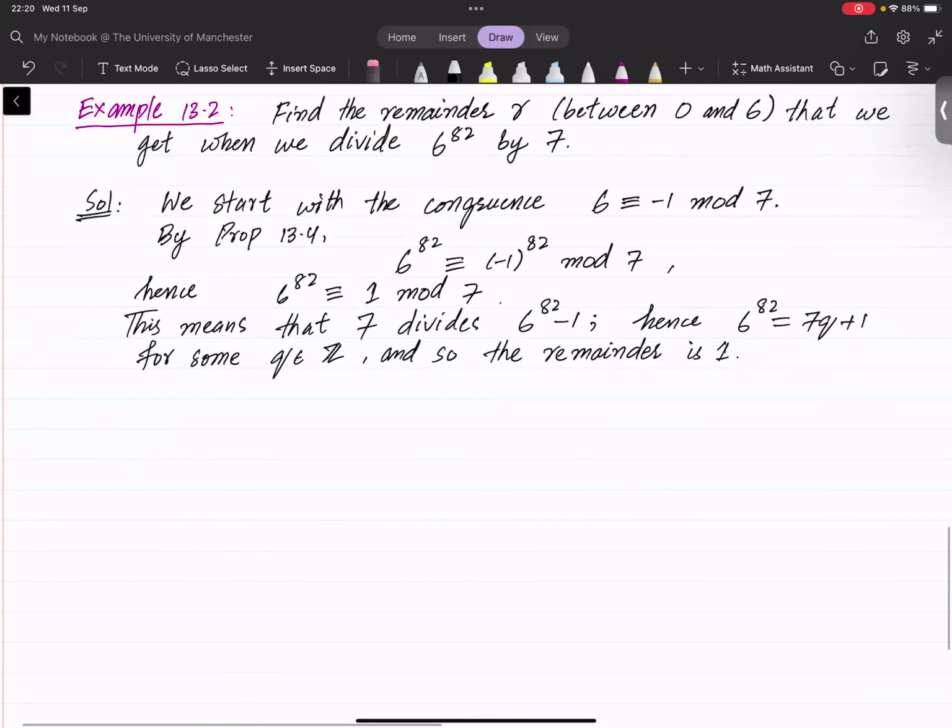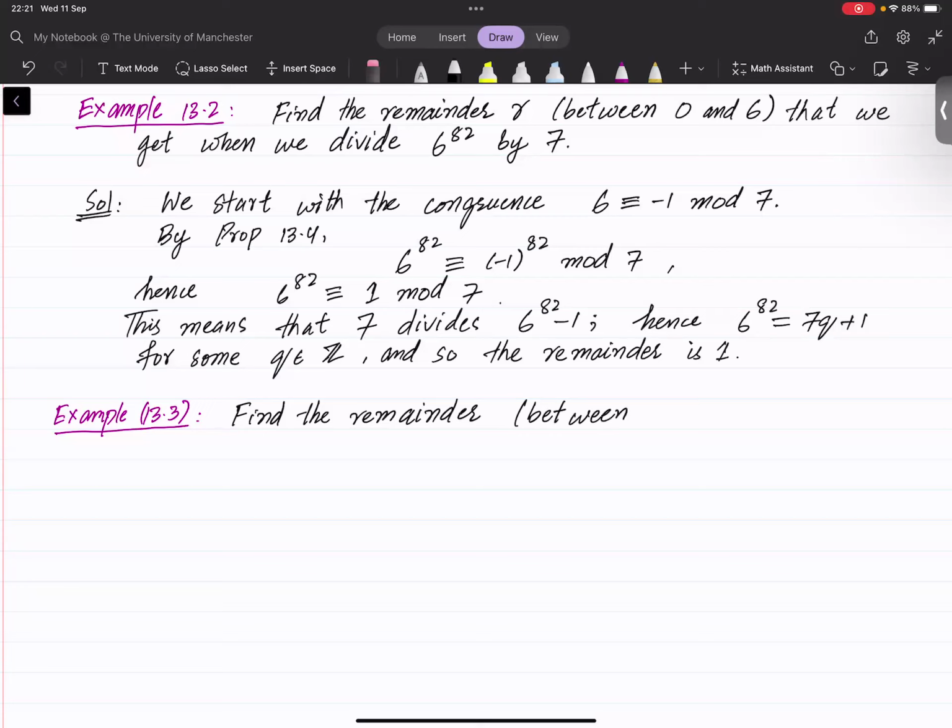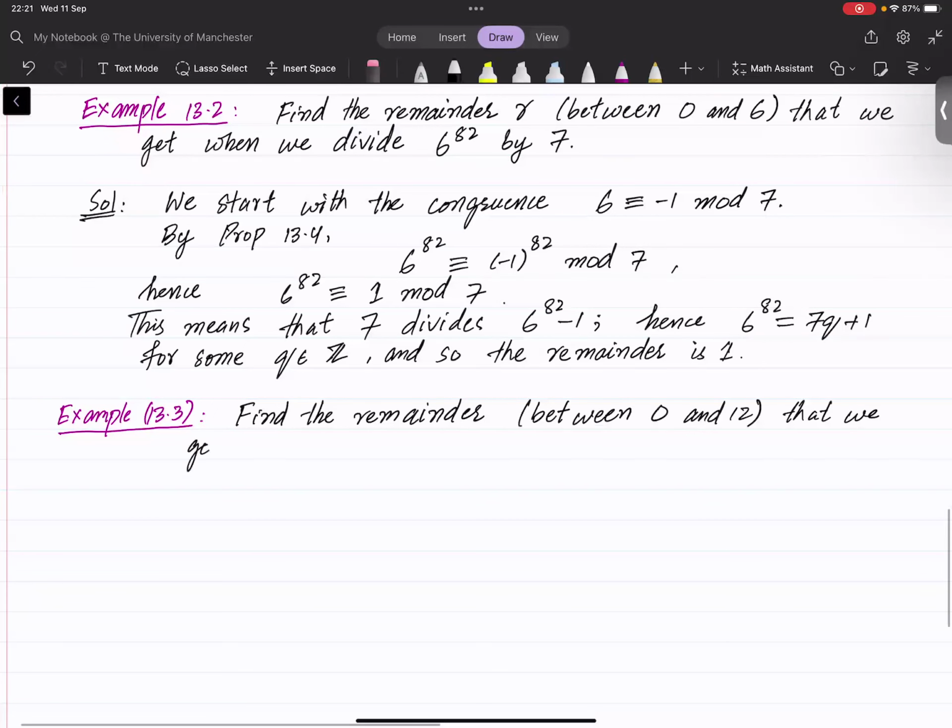Now let's try to do another one. Example 13.3, which says: find the remainder between 0 and 12 that we get when we divide 6 power 82 by 13.